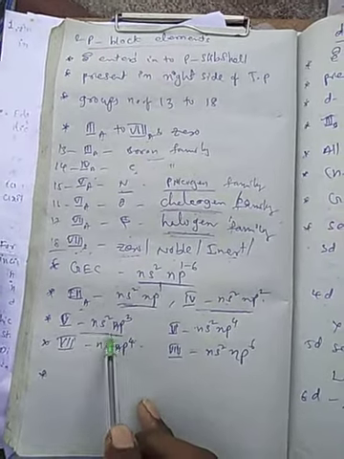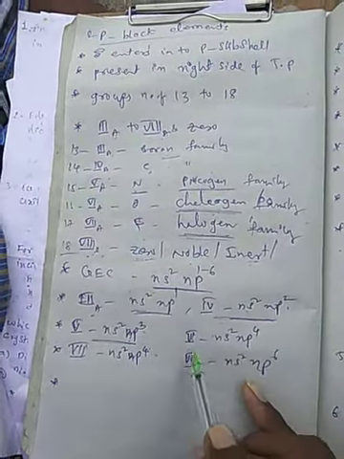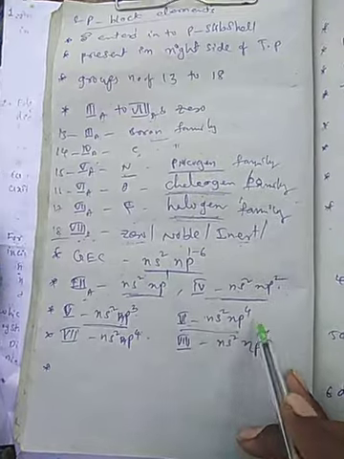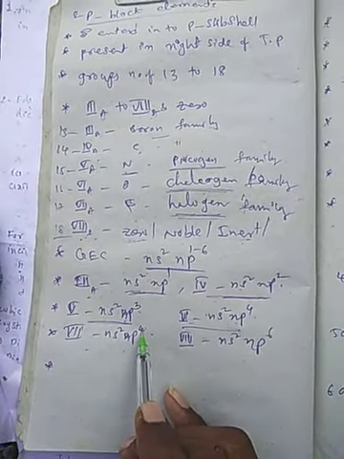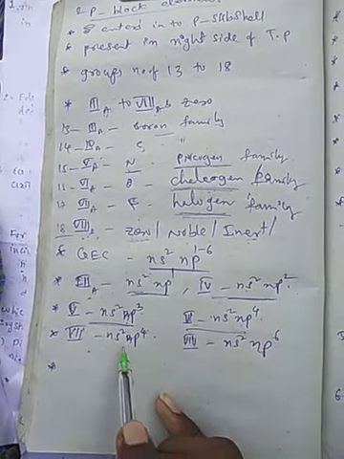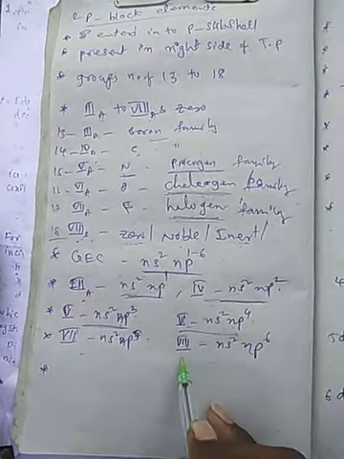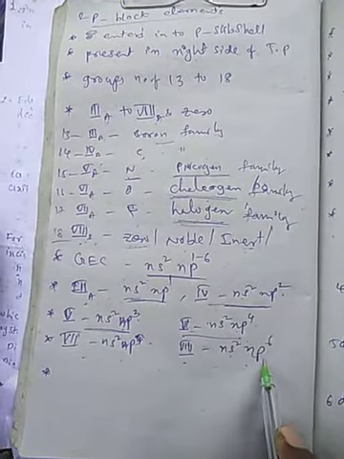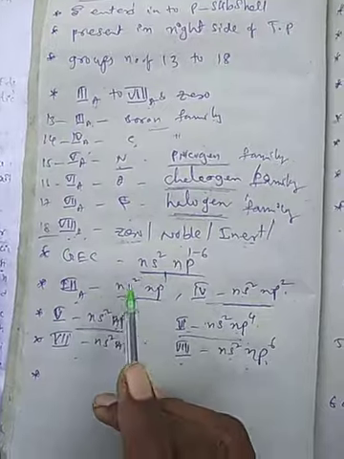The 15th group is ns2 np3, and the 16th group is ns2 np4. Now the 17th group is ns2 np5. The 18th group is ns2 np6. These are the valence electronic configurations of the individual groups.